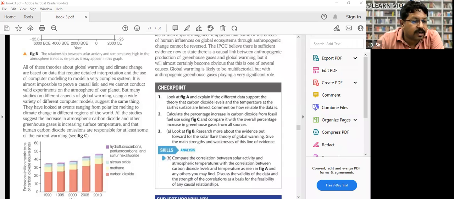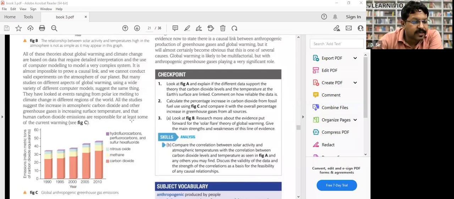We cannot conduct a valid experiment on the atmosphere of our planet, but studies on different aspects of global warming, using a wide variety of different computer models, suggest the same thing. They have looked at events ranging from polar ice melting to climate change in different regions of the world. All the studies suggest that an increase in atmospheric carbon dioxide and other greenhouse gases increases the surface temperature.